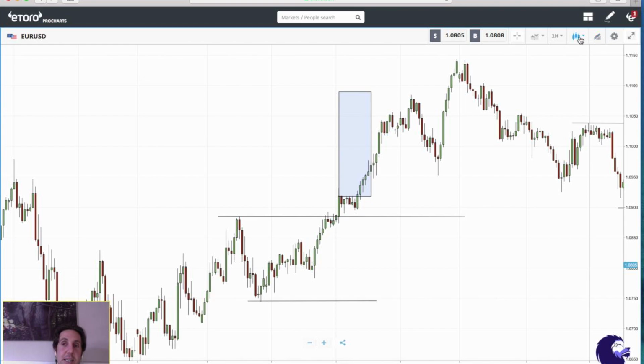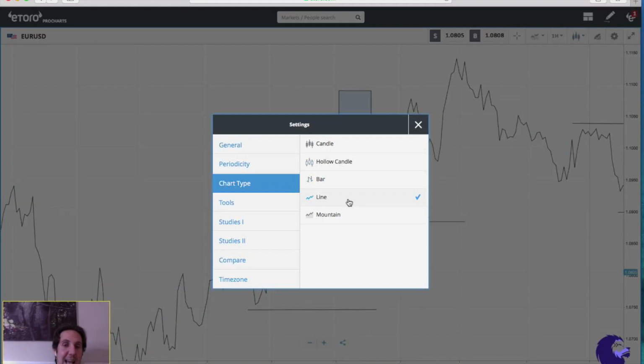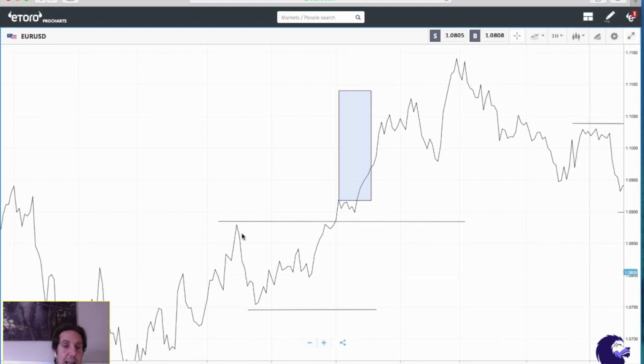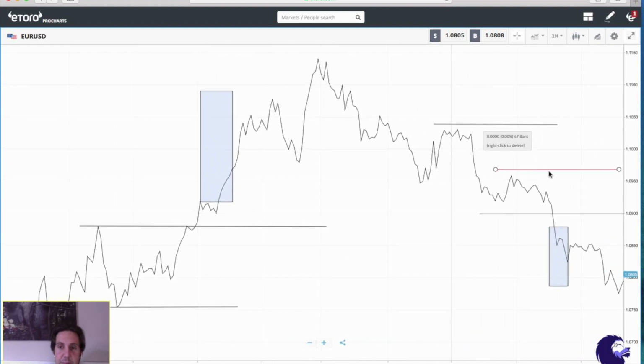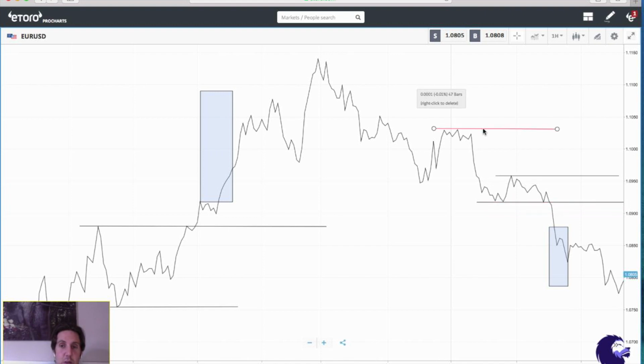We just click here where the candles are and put a line. Now, when you look at the line, you see all that distance between the support and resistance and the real price. Then we just place them exactly at their points. I'll show you why I think it's very important to do it that way.